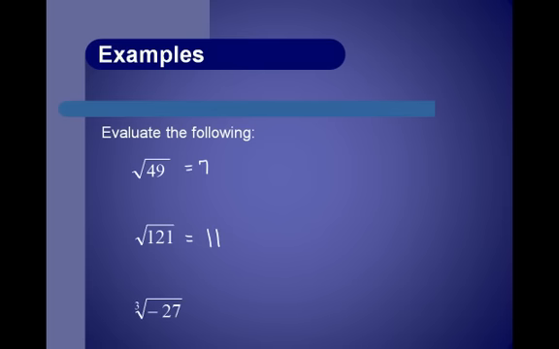Now the third root of negative 27. We said on the earlier page that the third root of 27 is 3. Well, the third root of negative 27 would be negative 3. We can do the third root of a negative since a negative to a third power is possible to give us a negative answer.